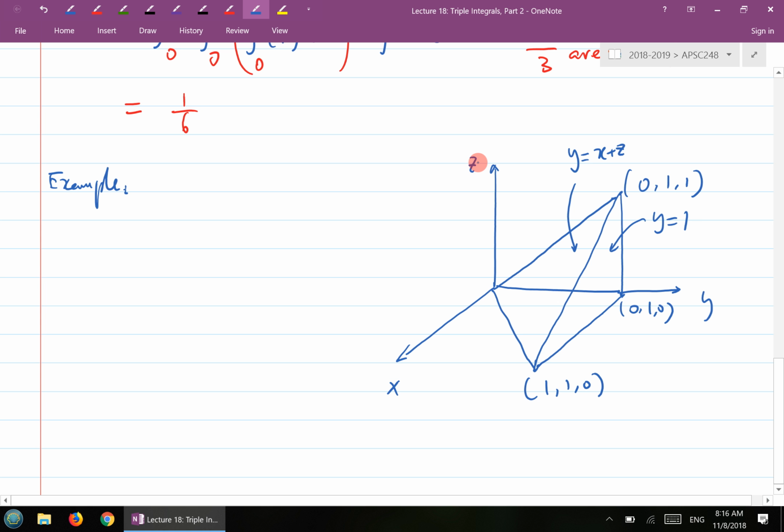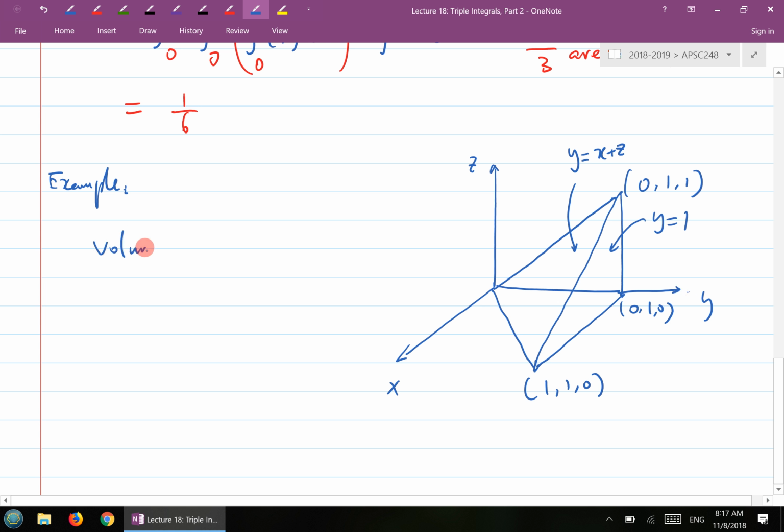It has 4 sides. This time, this plane is y equal to x plus z. And the other side is y equal to 1. Plus the bottom side, which is the xy plane. And another side is the yz plane. So these 4 sides give us this region D.